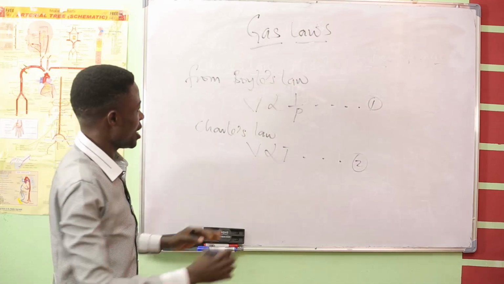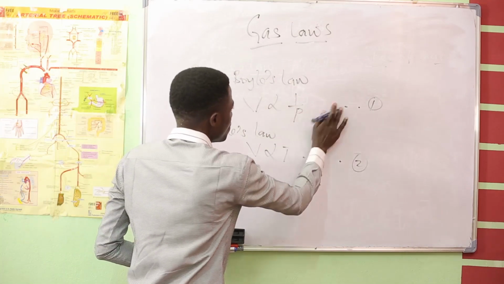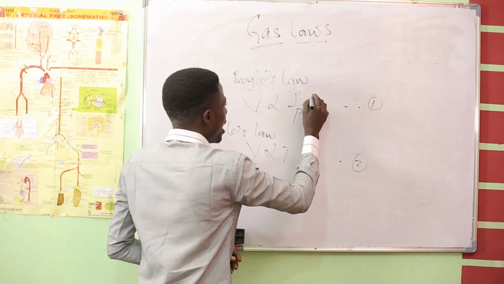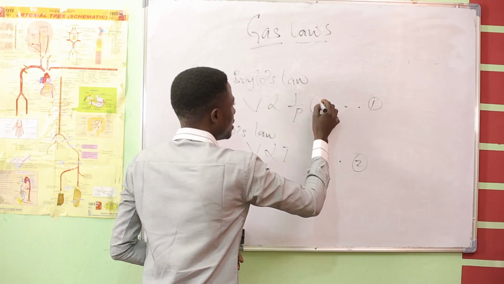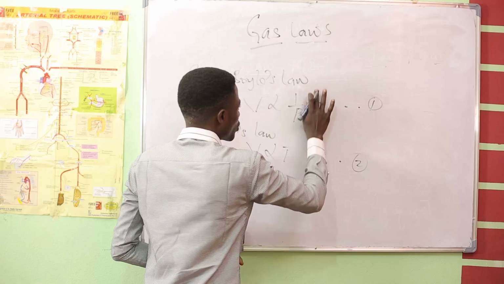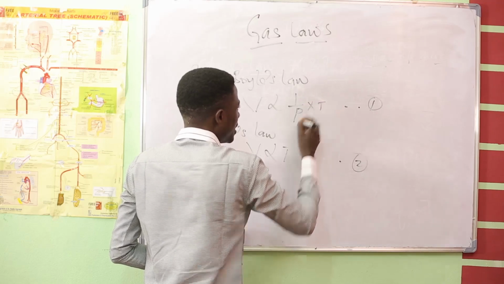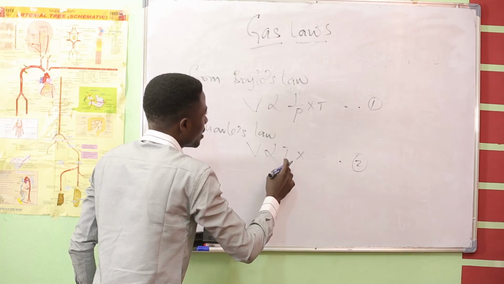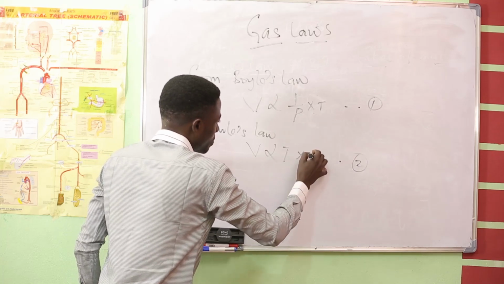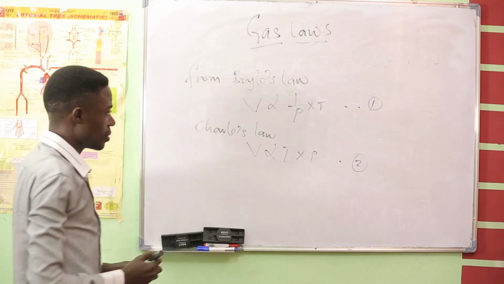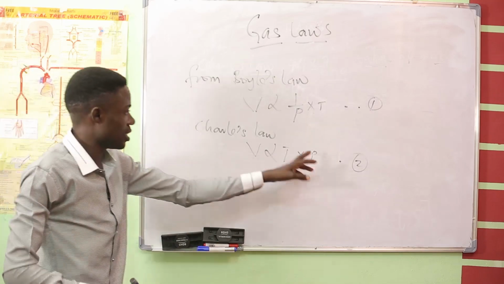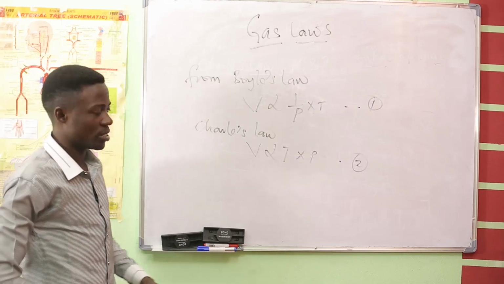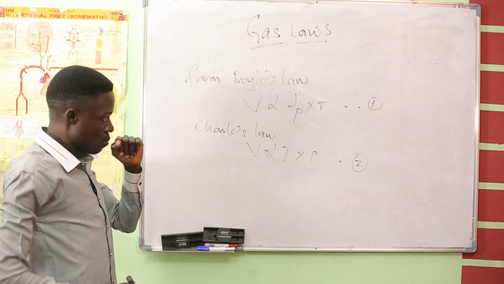Now, in equation 1, T is kept constant, so I can multiply by T. And here, P is kept constant, so multiply by P. This is constant. This is constant. All right?